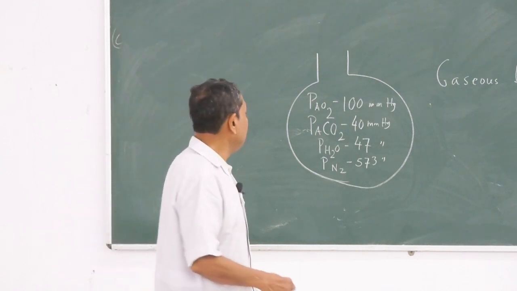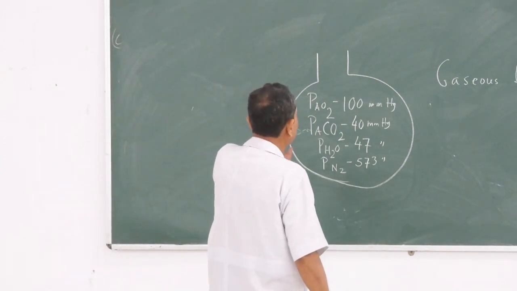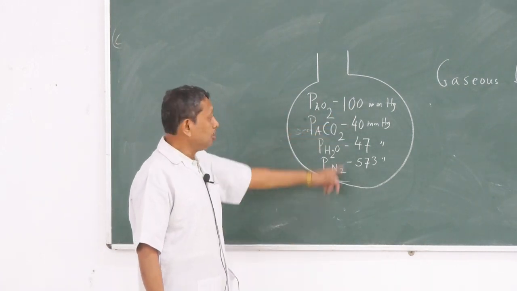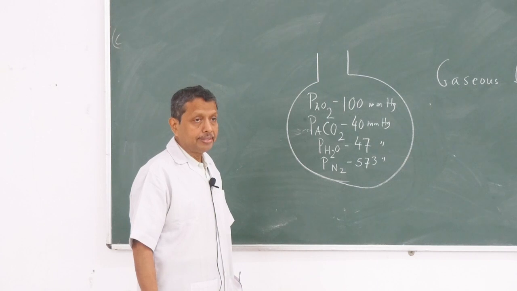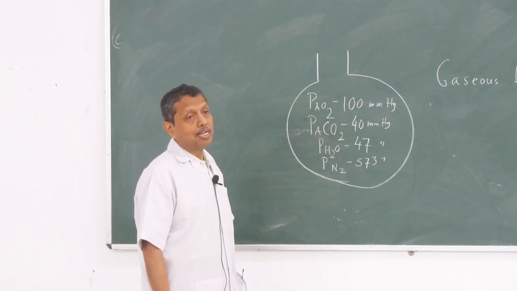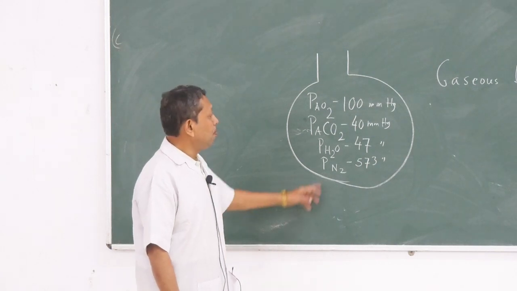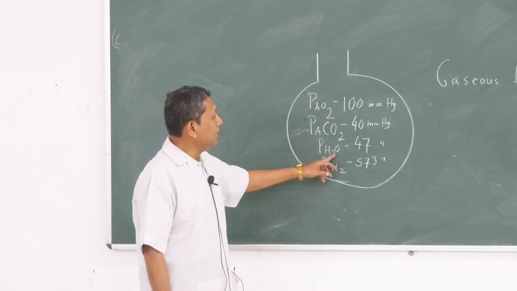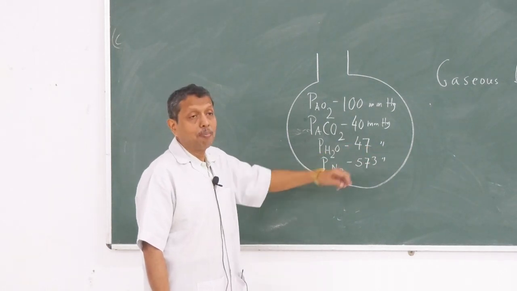In a normal individual at rest, in the healthy lungs, in the alveoli, these are the partial pressures. PO2 approximately 100 millimeter of mercury. PCO2 40 millimeter of mercury. PH2O 47 millimeter of mercury.